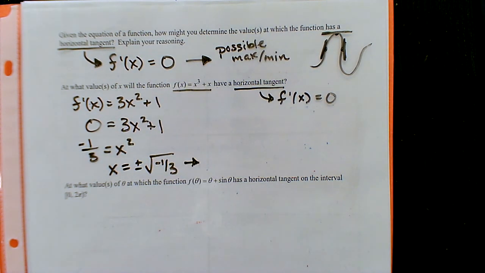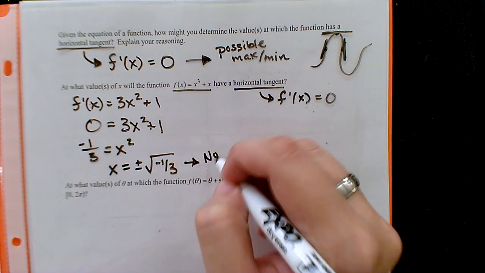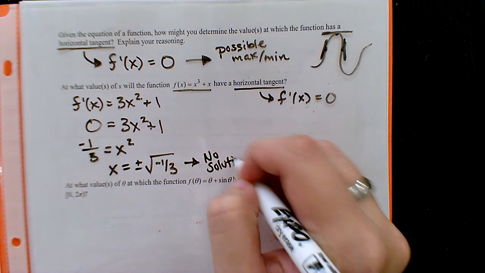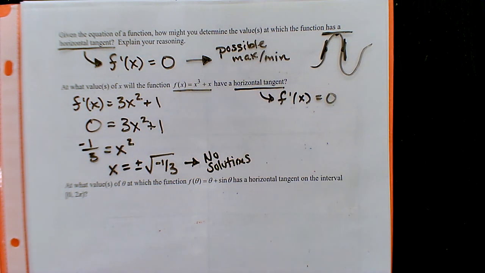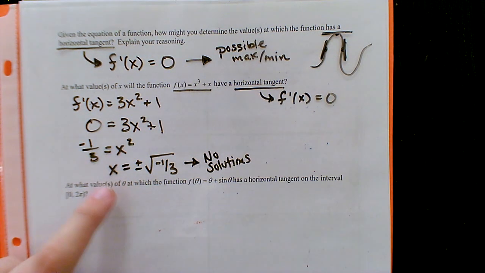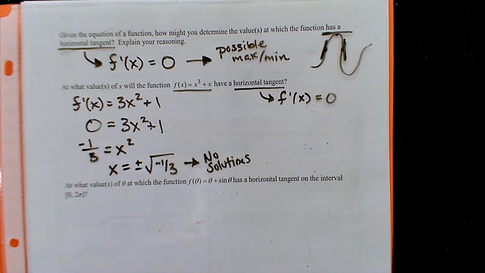What is the square root of negative 1/3? Imaginary. So that means there are no solutions. It's not possible to figure out a specific x location.